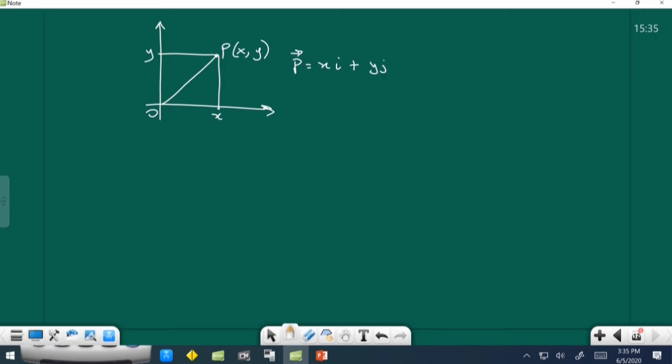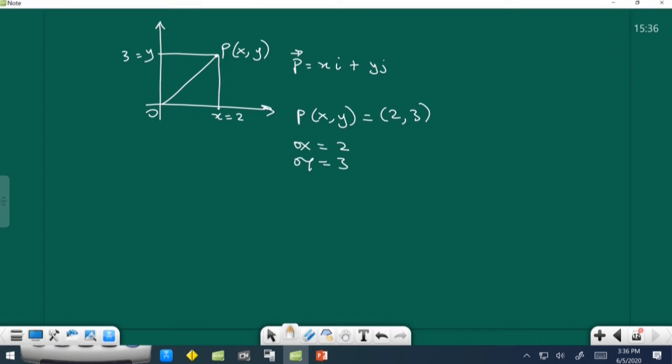Okay? But in ordinary form, let's assume that here is 2 units and here is 3 units. That means P, point xy, is represented as 2, 3, because OX unit is 2 and OY is 3.